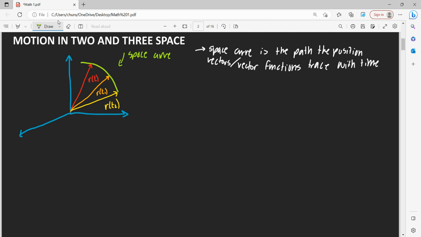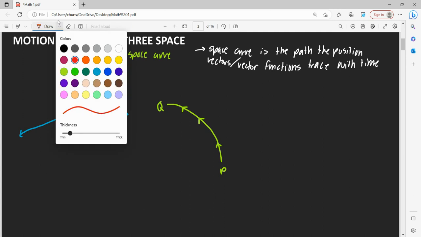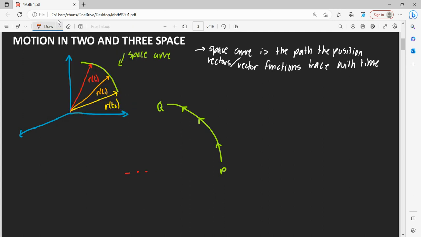Taking another look at our space curve. If you have a space curve that starts at P and ends at Q, usually there'll be a couple arrows to indicate the direction. So say if on an axis we drew their points, say this is at A and this is at B, right?